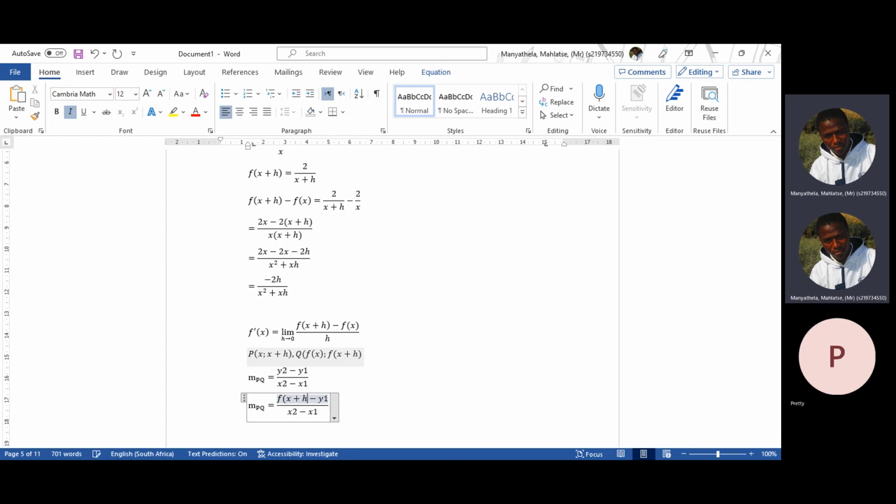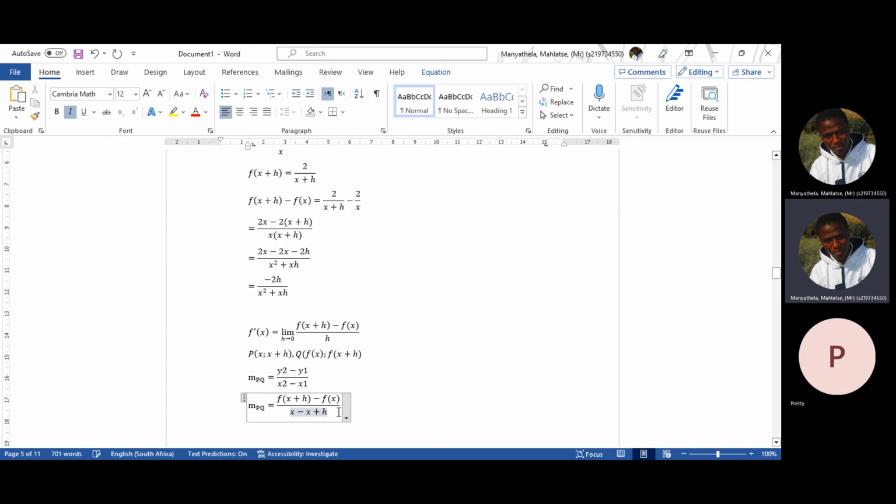And f of x will be my y1, which we subtract. If this was my y2, then x will be my x2, so I will have x minus x1, which is x plus h.